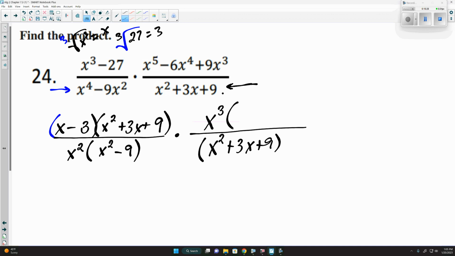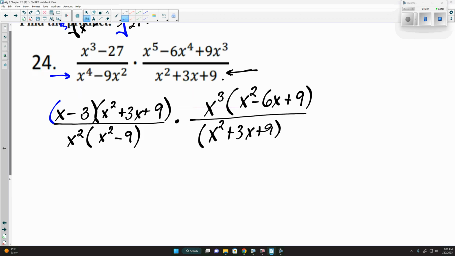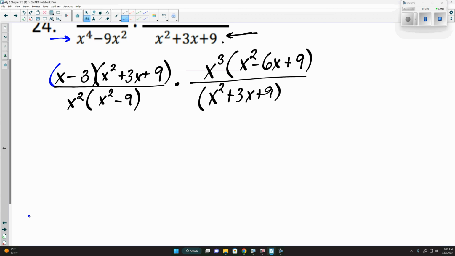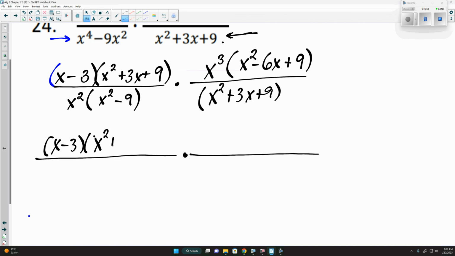So we can take 3 x's out of each one, which will give us x squared minus 6x plus 9. x minus 3, x squared plus 3x plus 9, x squared.